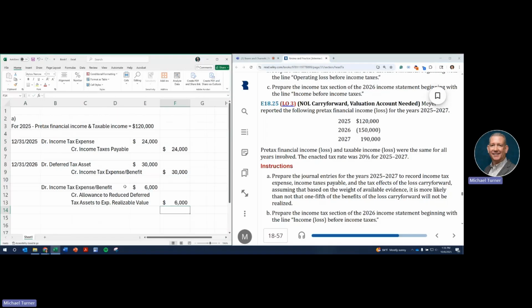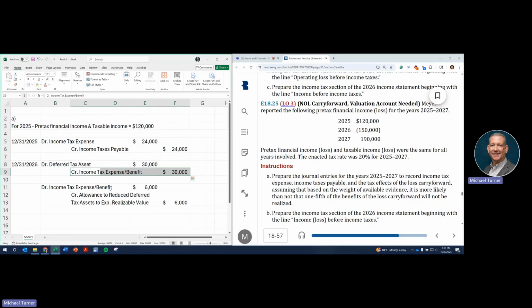So the net impact for 2026 is $24,000 in assets. We have a deferred tax asset of 30,000 with a valuation allowance of 6,000. So the impact to assets is 24,000. And then the impact to the income statement is also 24,000.